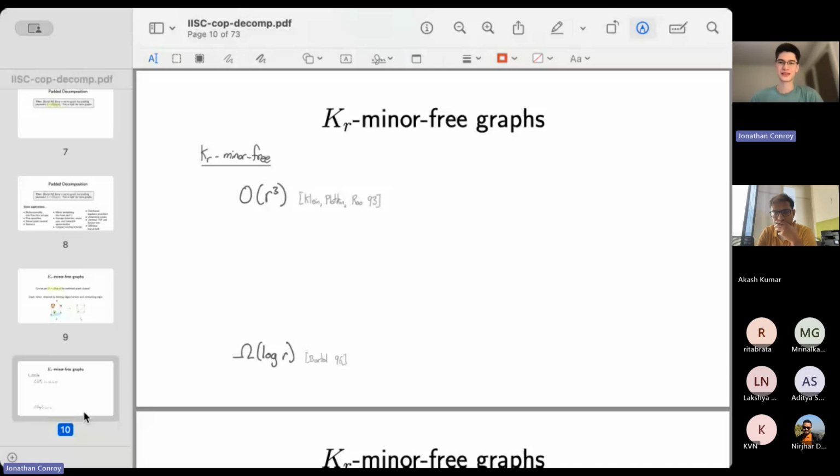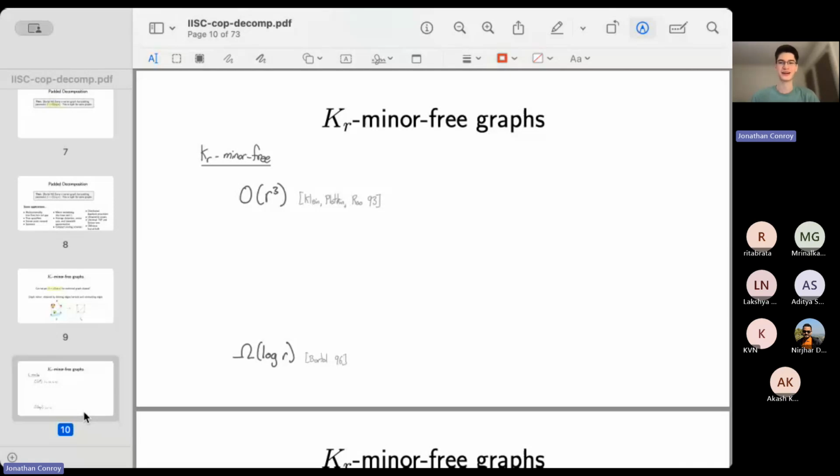So they showed this padding parameter, which is constant for any constant r. Specifically, their dependence on r was r cubed.